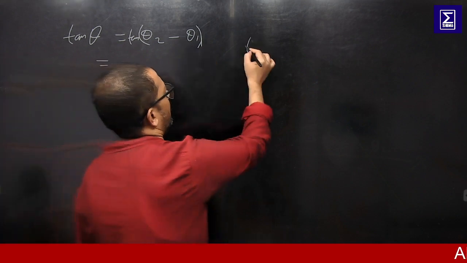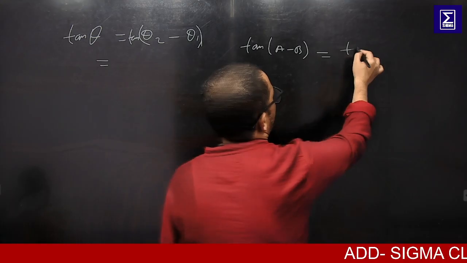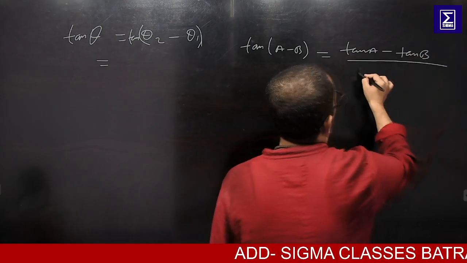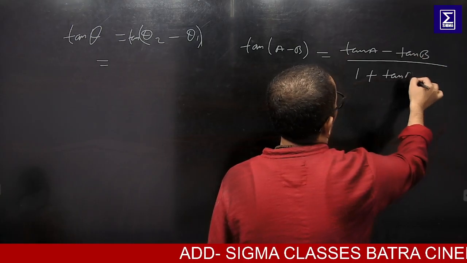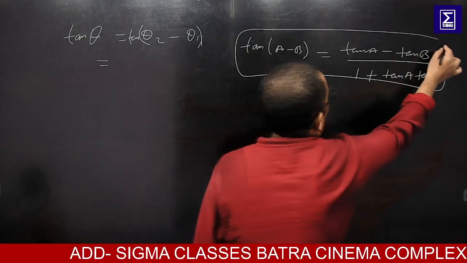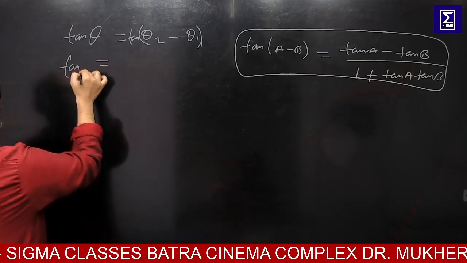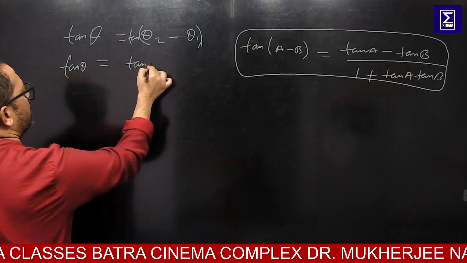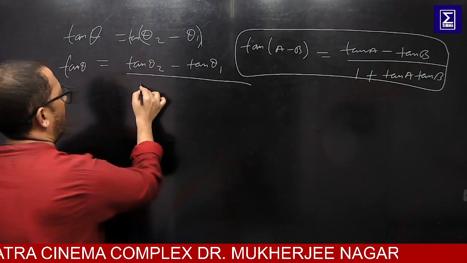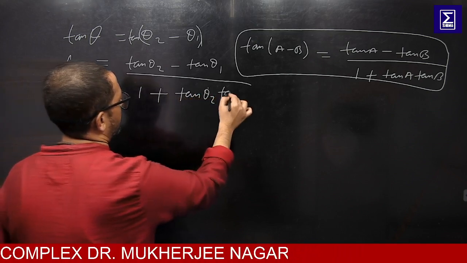The formula for tan of A minus B is tan A minus tan B upon 1 plus tan A tan B. So tan theta is equal to tan theta 2 minus tan theta 1 upon 1 plus tan theta 2 tan theta 1.